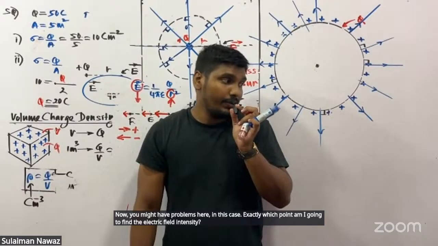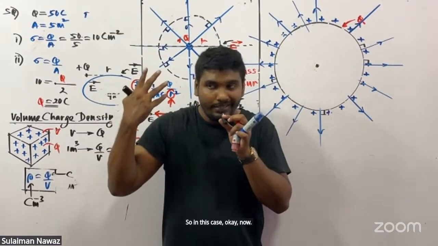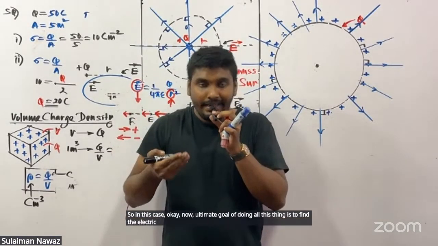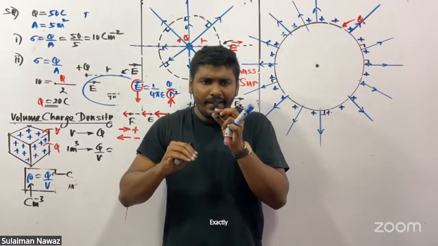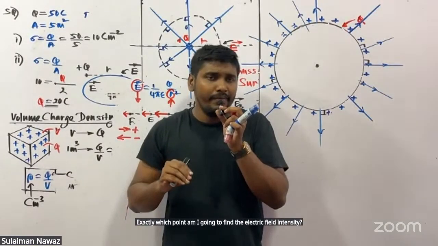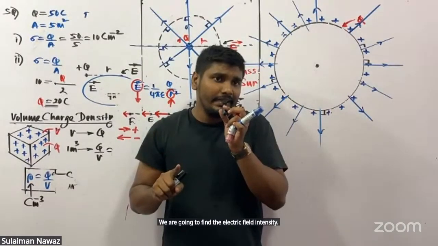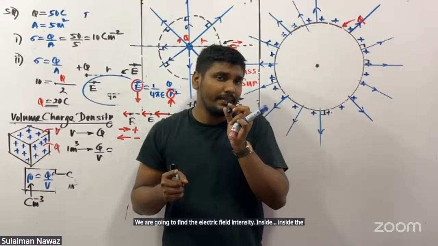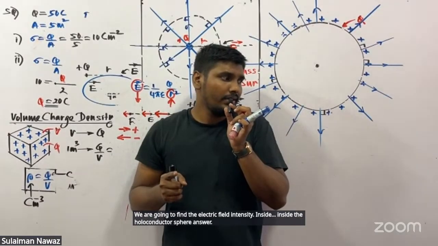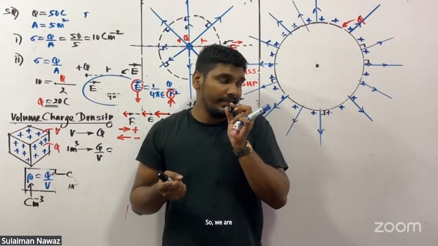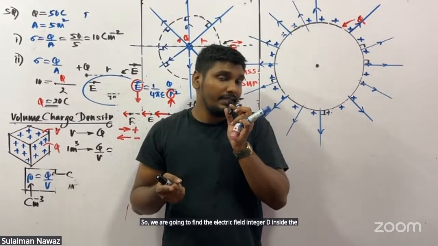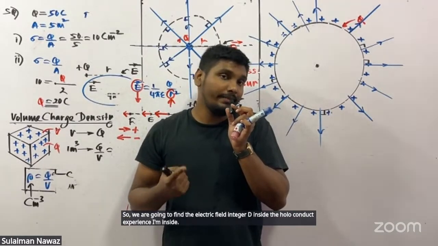The ultimate goal of doing all this is to find the electric field intensity, right? Exactly at which point? Somebody will say, sir, inside the hollow conductive sphere, or outside.